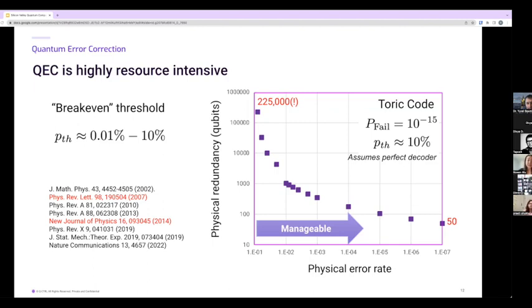The resources required to achieve this super low error rate increase exponentially as we decrease the actual physical error rate. So in order to encode a single logical qubit at this rate of error and given these various assumptions, we would actually require hundreds of thousands of qubits in order to represent a single logical qubit.